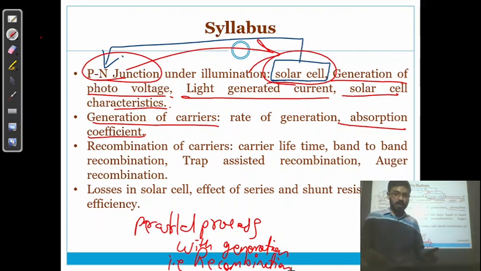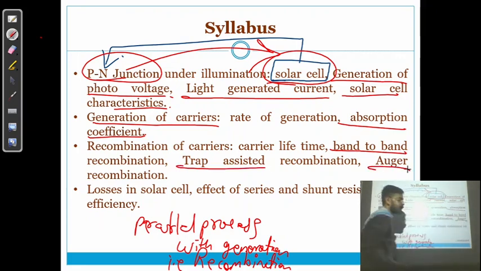We will see the recombination of carriers, how recombination of carriers will take place, how many types of recombination processes there are, and what the physics is behind that. We'll see band-to-band recombination, then trap assisted and Auger recombination.